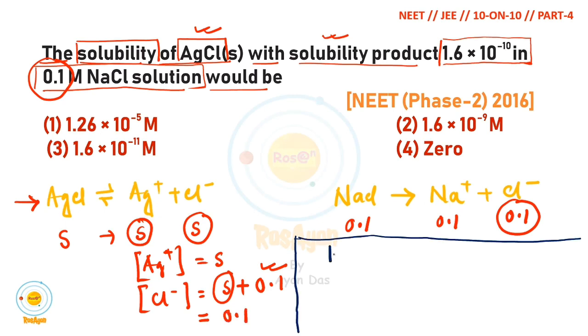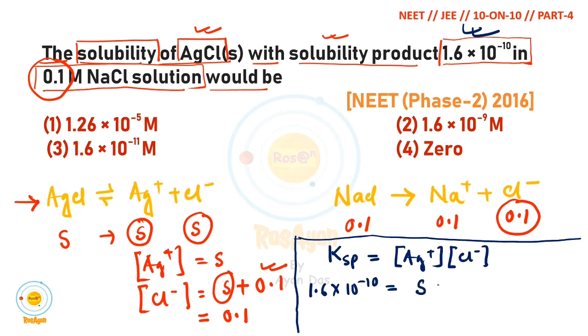Now the solubility product of AgCl, that is KSP, equals Ag plus into Cl minus. The value of KSP is given as 1.6 into 10 to the power minus 10. So put the value 1.6 into 10 to the power minus 10, and the value of Ag plus equals S, into the value of Cl minus equals 0.1.